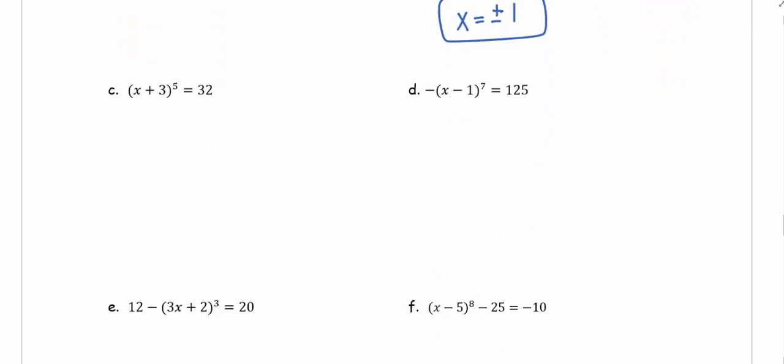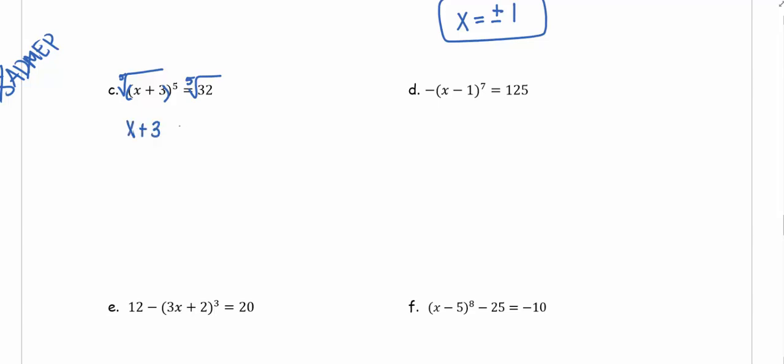Alrighty, moving on. Again, I'm going to write my order of operations backwards over here so I don't forget. First, can you add or subtract anything? No, because this is inside the parentheses. It's blocked. Can you multiply or divide anything? No. So the next step is to take care of your exponent. I'm going to take the fifth root of both sides.